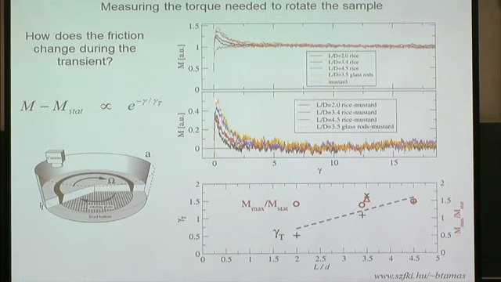So we have the maximum torque at the beginning of the process, and we can plot the ratio of the maximum and the stationary torque, which is about 1.5 for each material, meaning that it's about 1.5 times harder to shear an unaligned sample compared to the case of the shear-aligned sample.